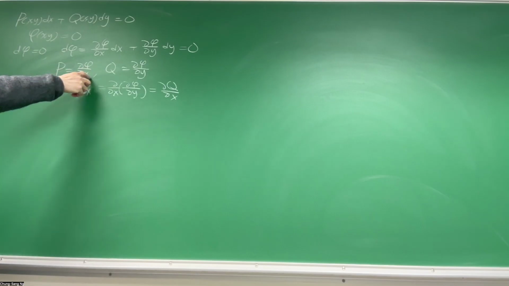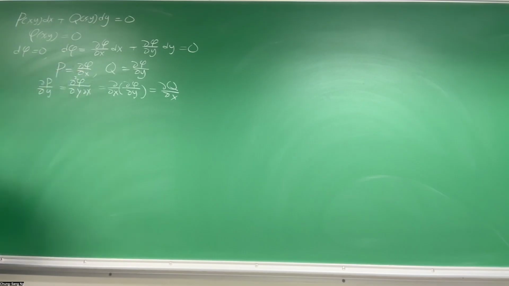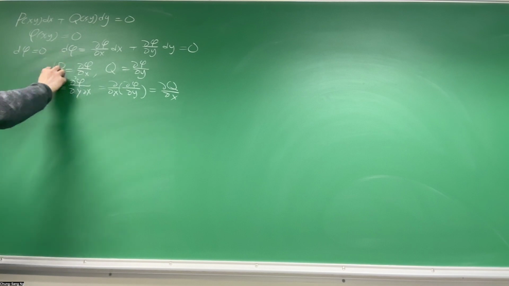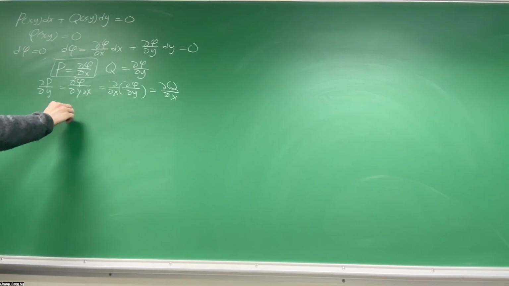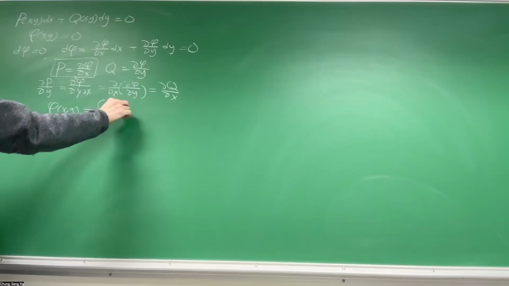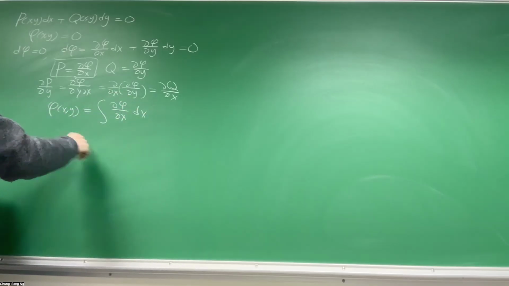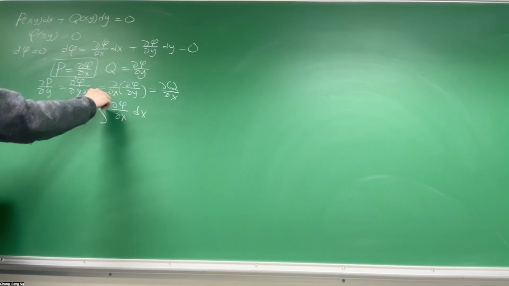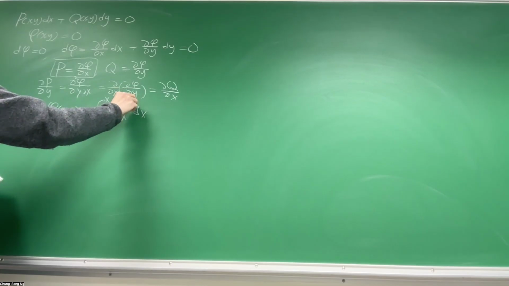It's like a one-dimensional differential equation in x, right? So using this equation, you can write phi of x and y as the integration of partial phi partial x dx. You're only integrating in x, right? And then x prime, y.